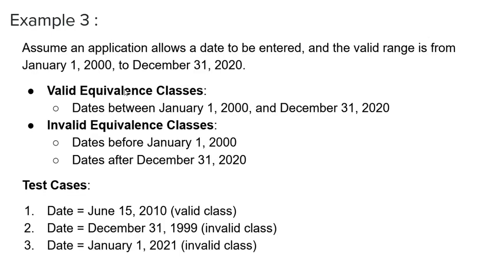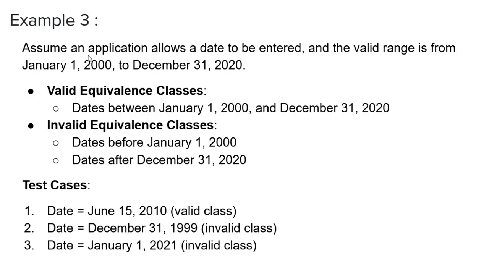Let's see one more example related to dates. Let's say we have an application which allows a date to be entered, and the valid range is from 1 January 2000 to December 31, 2020. So this is the valid range.